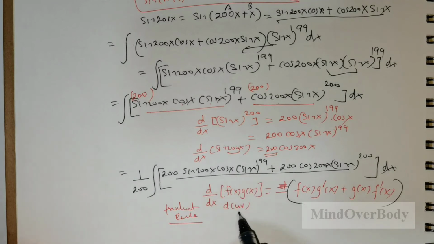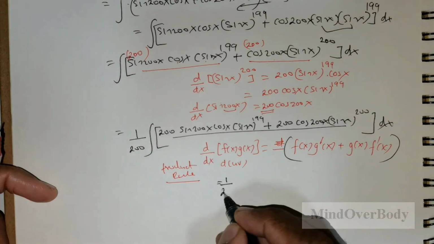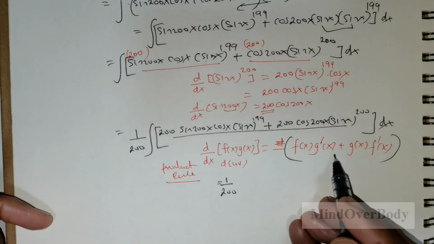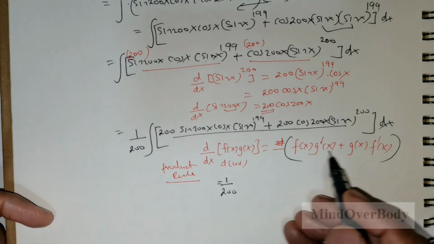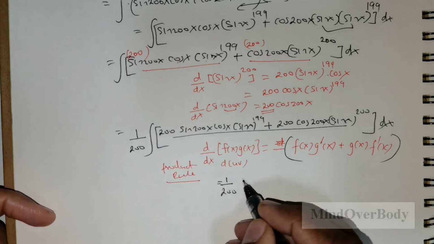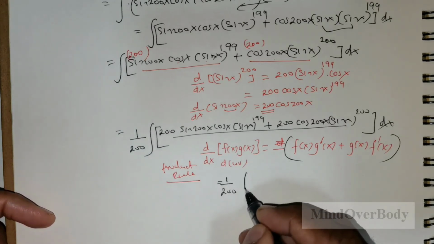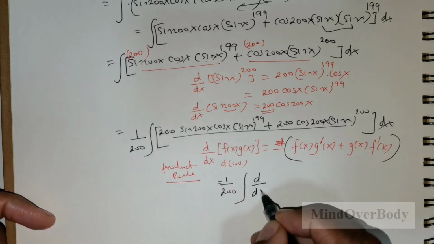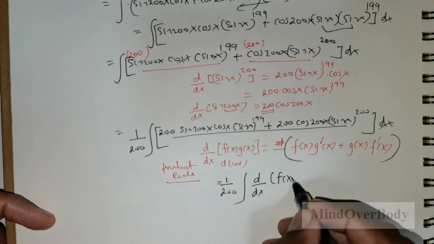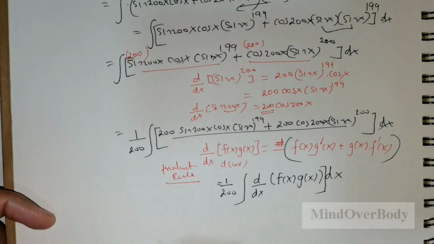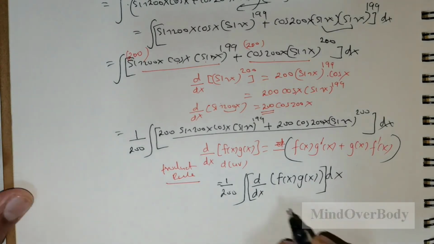Now I'm going to replace this expression with the product rule formula, which we have just studied. So on the right side, f of x times g dash of x plus g of x times f dash of x is nothing but the differentiation of the two functions f of x times g of x. So this is going to be 1 over 200 integral. This entire thing is nothing but d over dx of f of x times g of x times dx. Okay, this is what we have got.